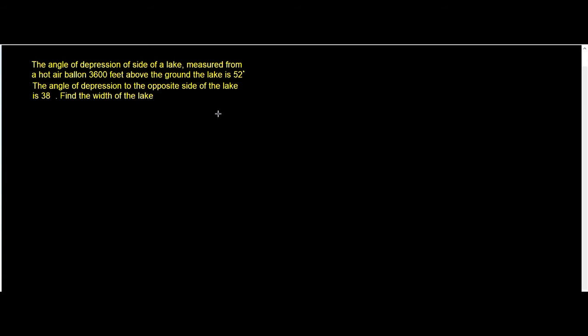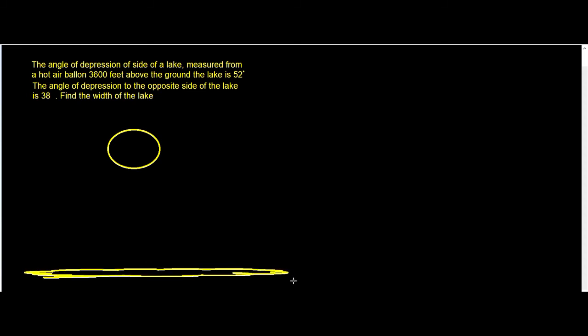Now, in order for you to solve this one, you have to illustrate. You have your hot air balloon dito. And then, meron kang lake. That one is the lake. Now, angle of depression means when we look down on an object, magkakaroon tayo ng angle of depression.